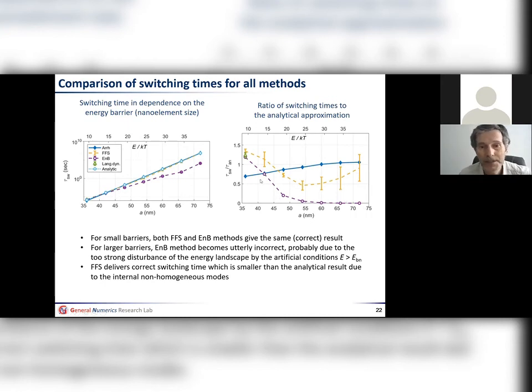And you see that the energy bonds method actually does not perform well. It coincides with Langevin dynamics for small barriers, but for large barriers, simulated switching times become unreasonably small.